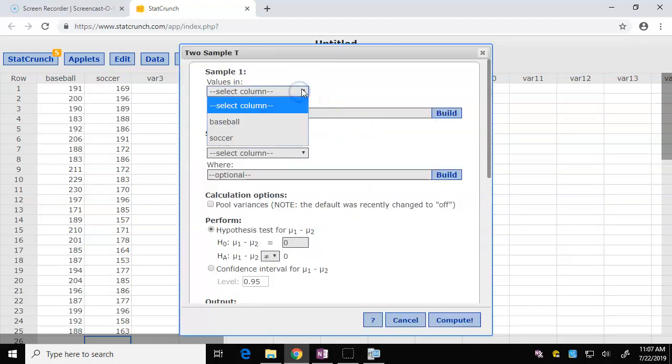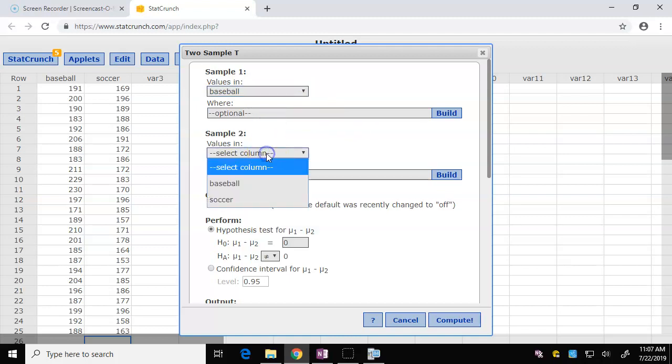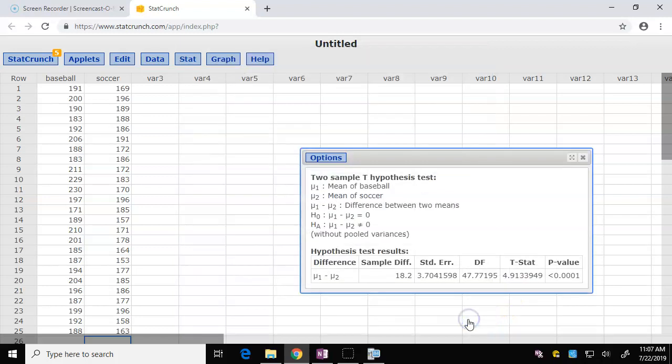Who's column 1? Baseball. Who's column 2? Soccer. Is this information correct for our hypothesis? Absolutely. Compute. Now you know everything you need. Two decimal places for your T, and three decimal places for P.